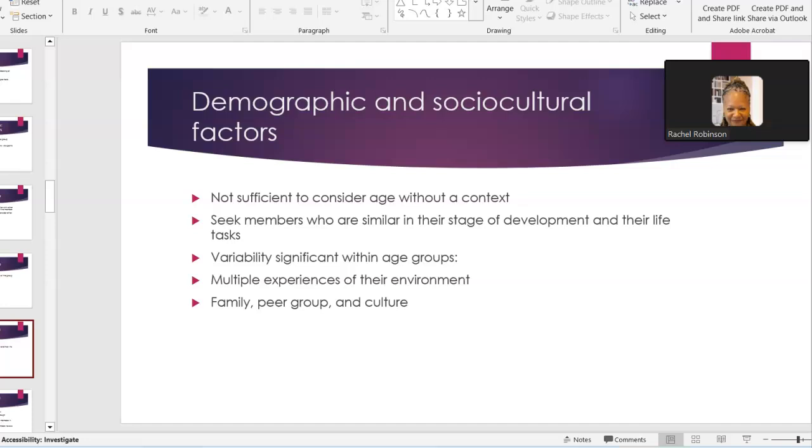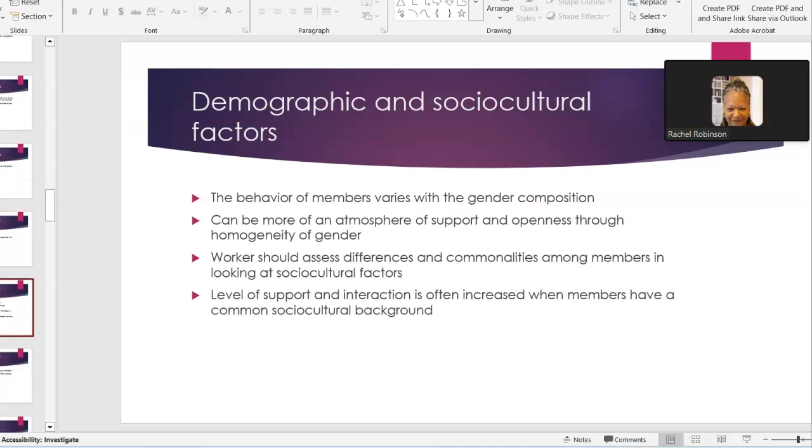If there's a relatively wide range, though, there's opportunities for multiple experiences to be shared about their environment, and also sharing about family, peer group, and culture. Remember, we talked in previous chapters about the importance of establishing group culture, which comes from the individual group members' cultures, combining those, finding the similarities, and identifying culture from that.